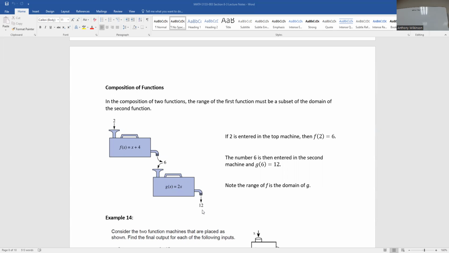So now g of f of x using that function machine would be 12, okay? And there is a note that the range of the function f is going to be the domain of g. Because the range, a set of y values, is now going to become the domain for g.